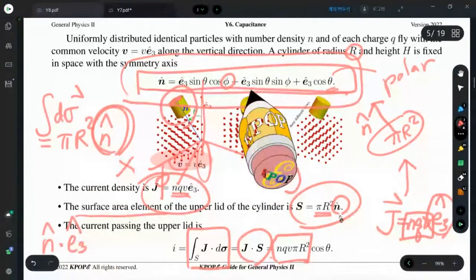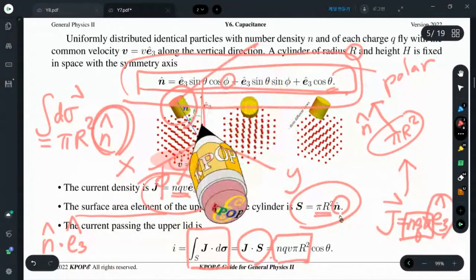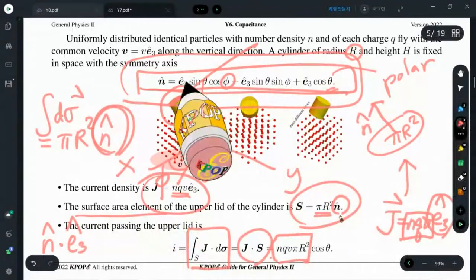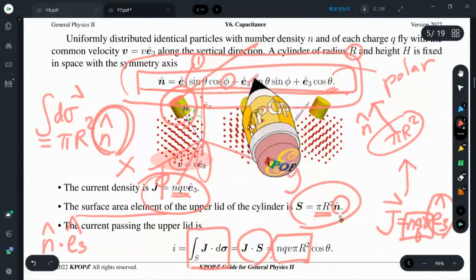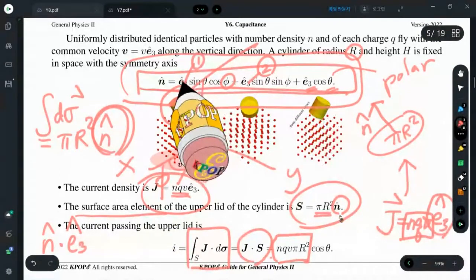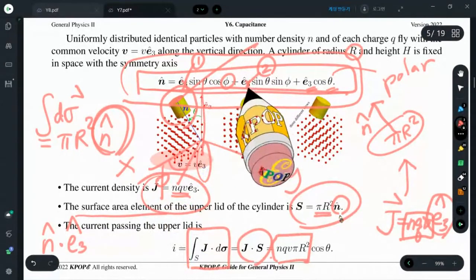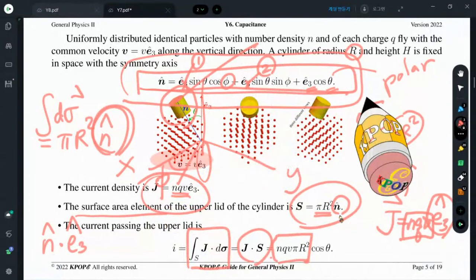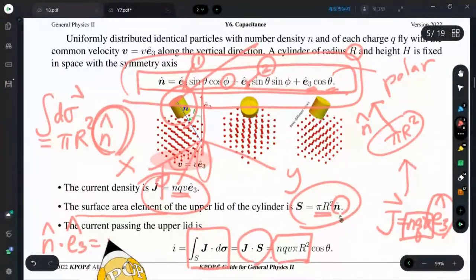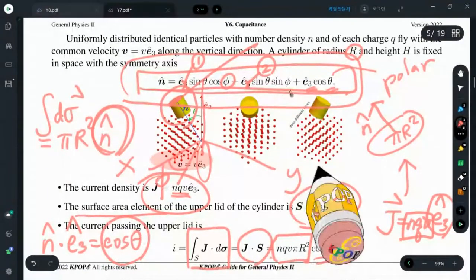There are typos: this is 1, this is 2, and this is 3. That's fine, right? This must be the x-axis, y-axis, and z-axis. So if I take e3 hat as a scalar product, what I get is cosine theta only. So a trivial problem.